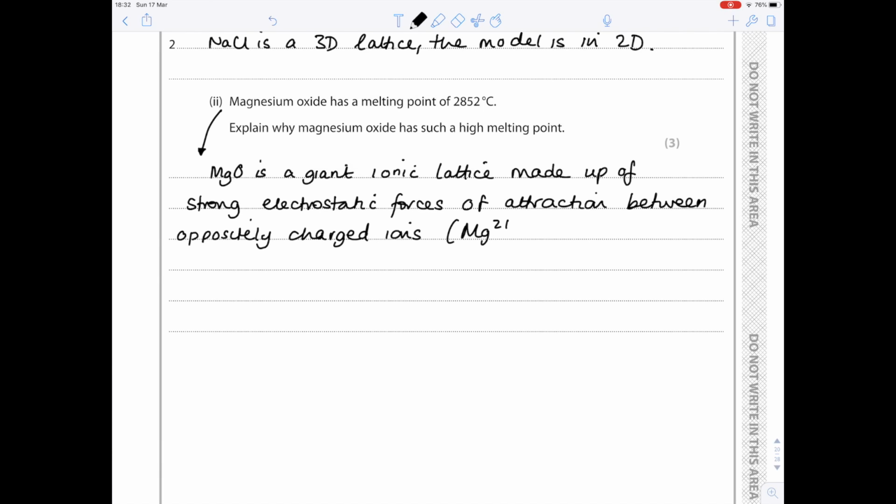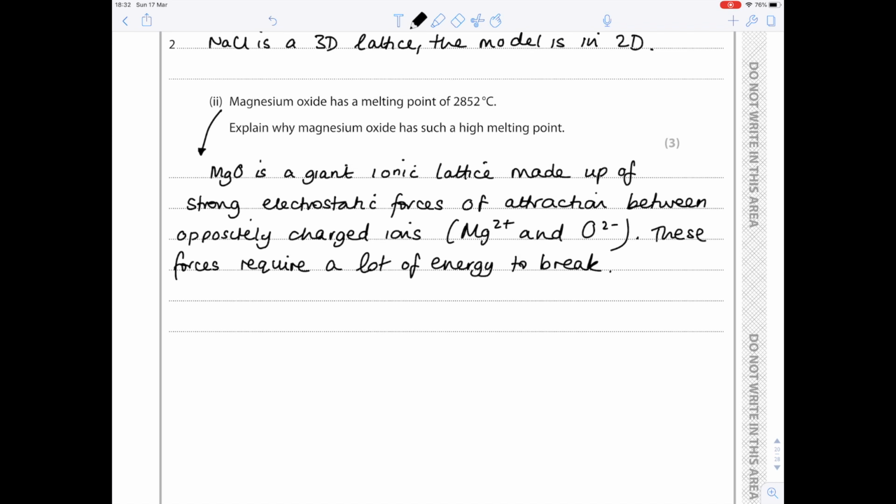So Mg2+ and O2-. And really, these strong electrostatic forces of attraction require lots of energy to break. Hence why magnesium oxide has such a high melting point.